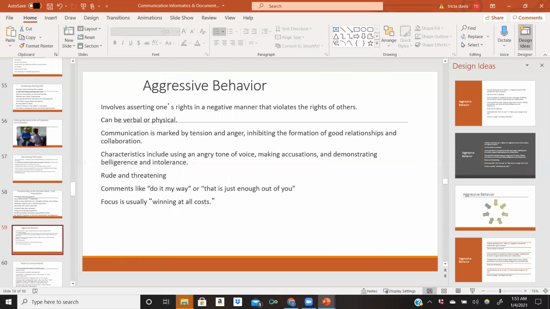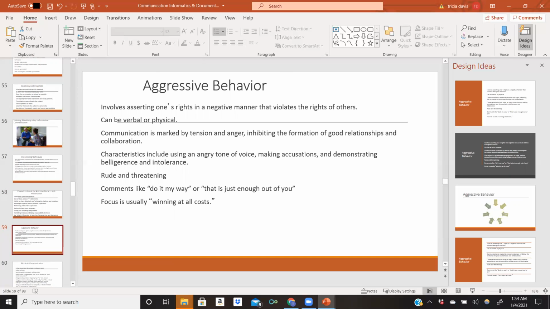So aggressive behavior involves asserting one's rights in a negative manner that will ultimately violate the rights of other people. It can be verbal or physical. Communication is then marked by tension and anger, and it inhibits the formation of a good relationship, that helping relationship, that nurse-patient relationship, and collaboration with other healthcare team members.